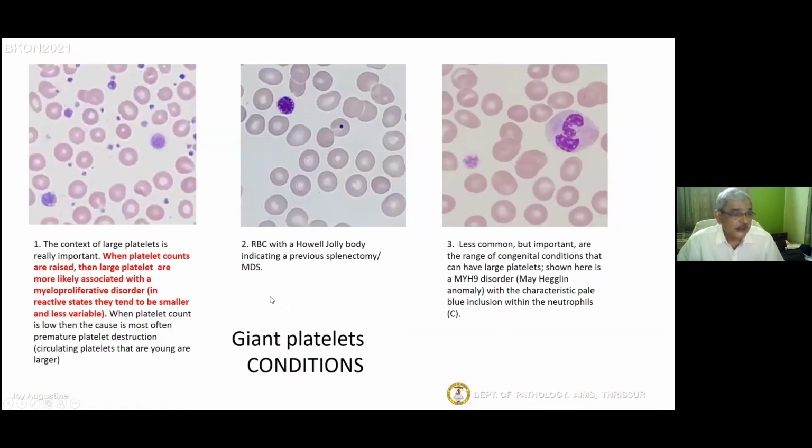Now again, giant platelets. This is a condition where you have a myeloproliferative disease, myelodysplasia. This is a patient with a Howell-Jolly body in the RBC and a giant platelet, and this is the classical May-Hegglin anomaly.